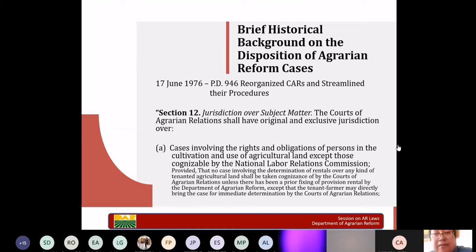And then in paragraph B of PD 946, it also gave the courts of agrarian relations the jurisdiction to adjudicate rights and obligations of farmers or parties involving laws or PDs on the agrarian reform program.